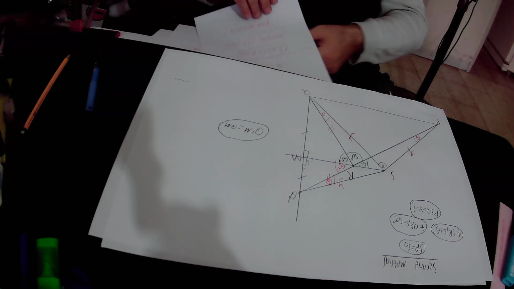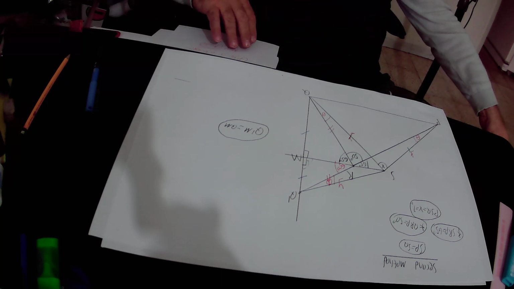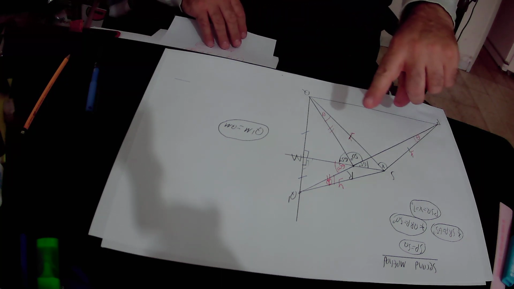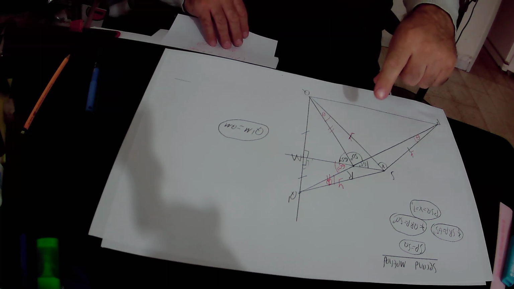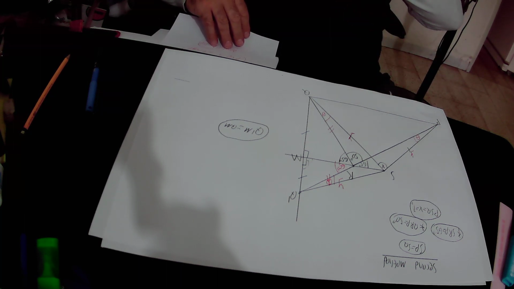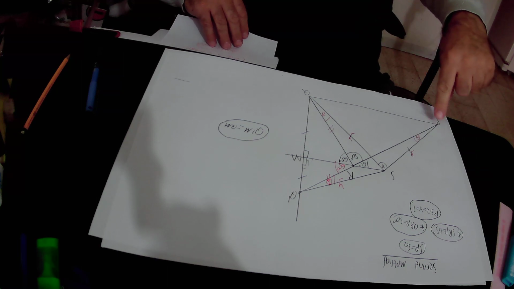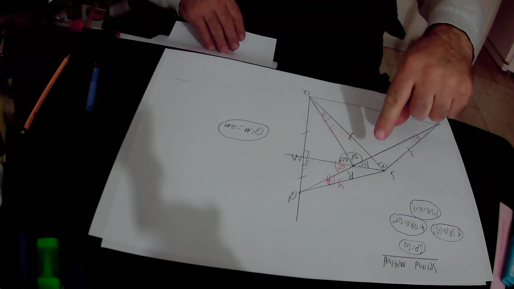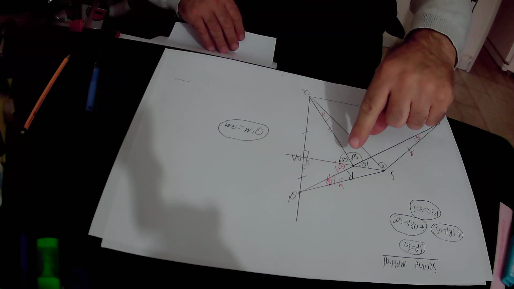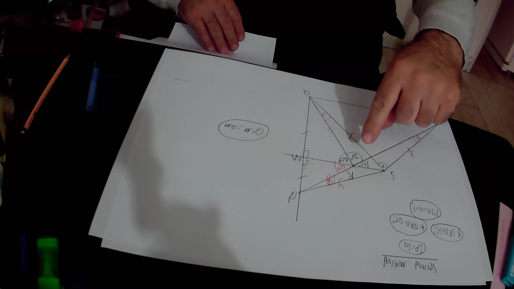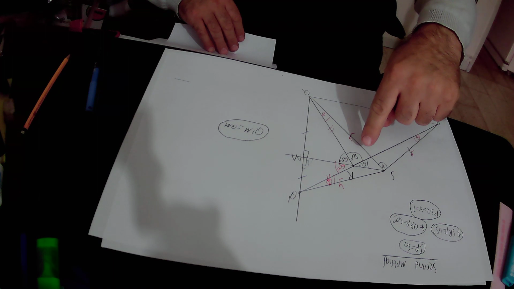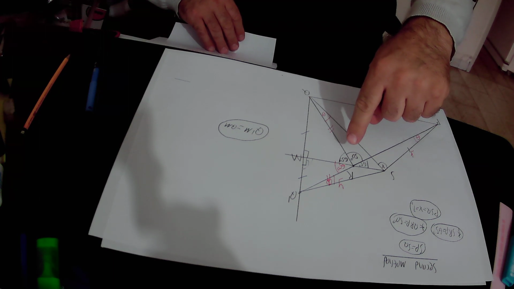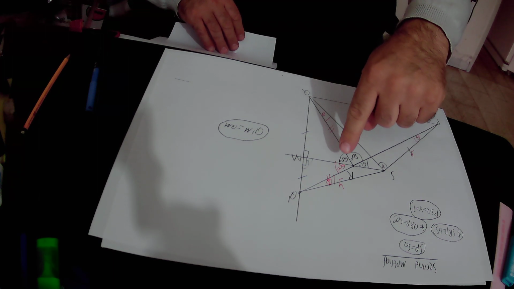Okay, then we actually proved that PQ dash is a straight line. How did we prove that PQ dash is a straight line? Because angle PRQ dash equals 180 degrees. Why does angle PRQ dash equal 180 degrees? Because it equals 50 degrees plus 65 degrees plus 65 degrees.